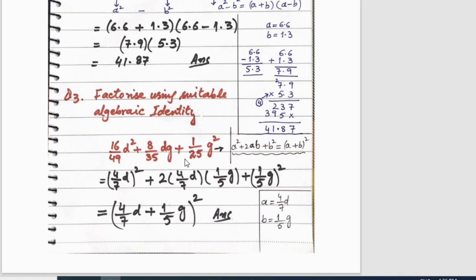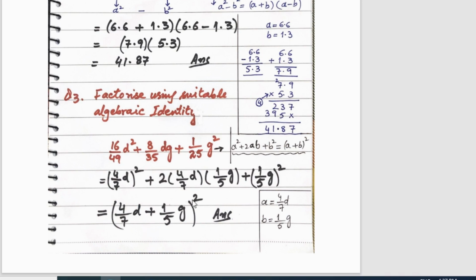We have factorized the given question with the help of ID1, because this is the requirement of our question: factorize using a suitable algebraic identity. We have fulfilled the requirement by using ID1 and written the answer in the form of a square or in the form of factors.